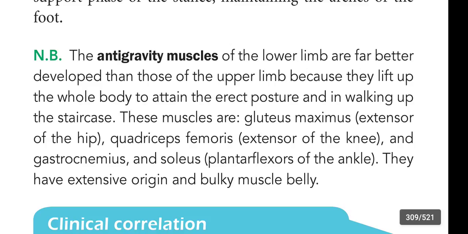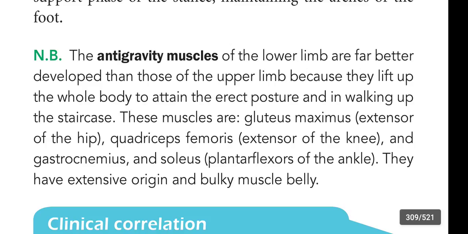The muscles are gluteus maximus, extensor of the hip; quadriceps femoris, extensor of the knee; and gastrocnemius and soleus, plantar flexors of the ankle. These gastrocnemius and soleus are superficial muscles of the posterior compartment of the leg.